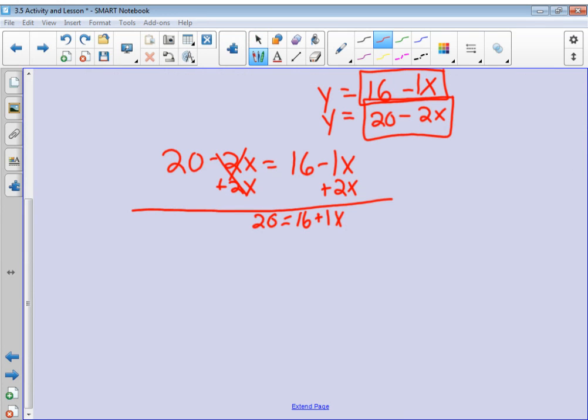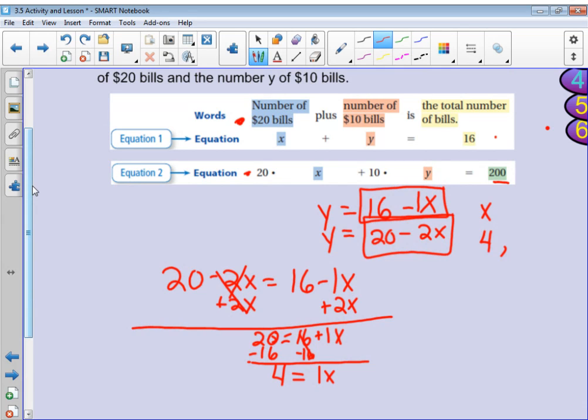Okay, so now if I go through, I would get rid of this 16. And that's a 20, not a 26. So 20 minus 16 gives me 4 equals 1X. I just found out that my X's is 4 of them. Okay, and just a reminder what the X's were, those were our $20 bills. So we have 4 $20 bills.